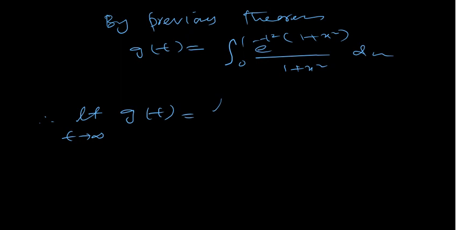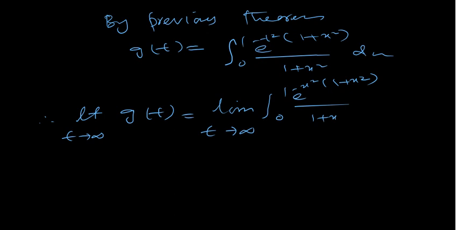limit t approach to infinity g of t is equal to limit t approach to infinity integral 0 to 1 e power minus x square times 1 plus x square divided by 1 plus x square dx.